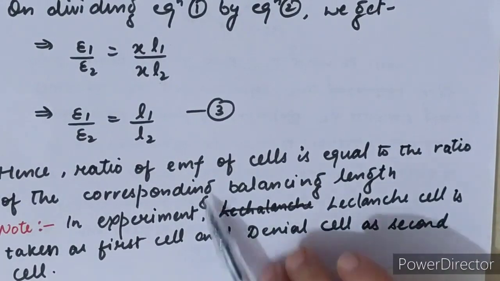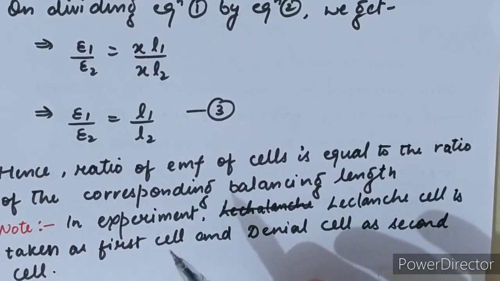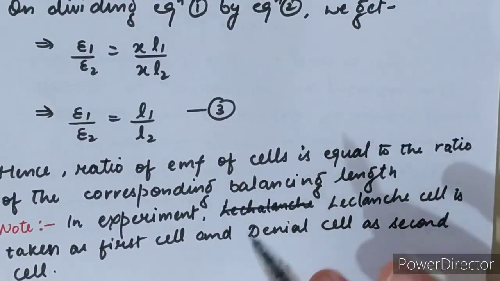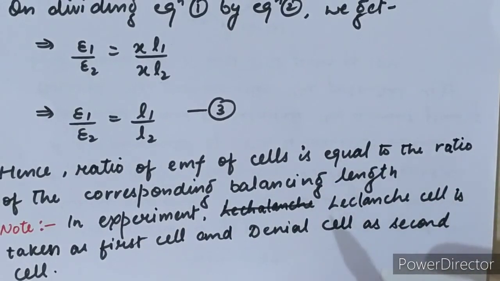By changing the value of the resistance of the rheostat in the primary circuit, that means changing the potential gradient. Otherwise the potential gradient will remain the same. But if you slide the rheostat slightly, then the potential gradient also changes.